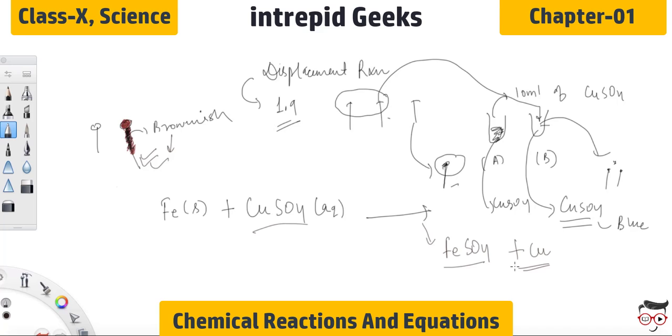And this copper which is left out will be deposited on the iron nail. In that way, the solution will turn into ferrous sulfate solution, because iron has replaced, or you can say displaced, copper, and copper will be out in solid form, or we say in precipitate form, right? So that is why these changes are taking place.